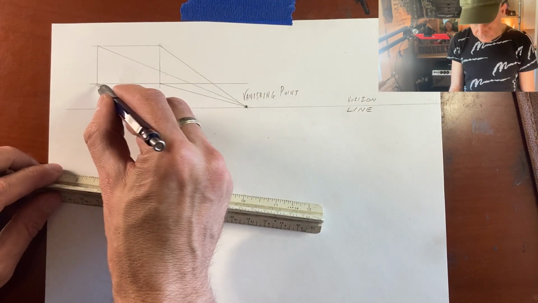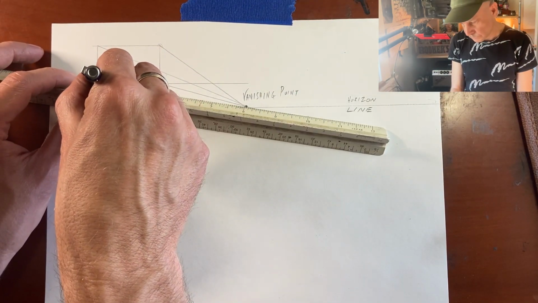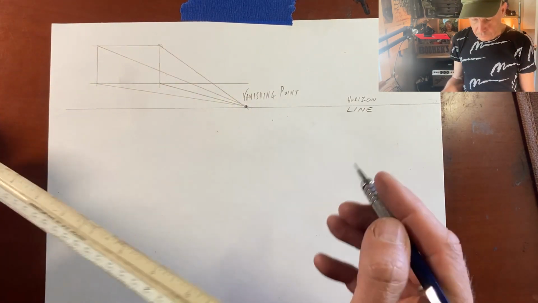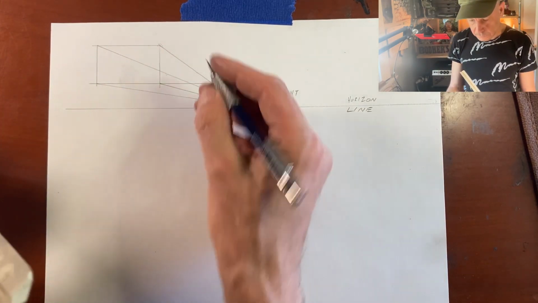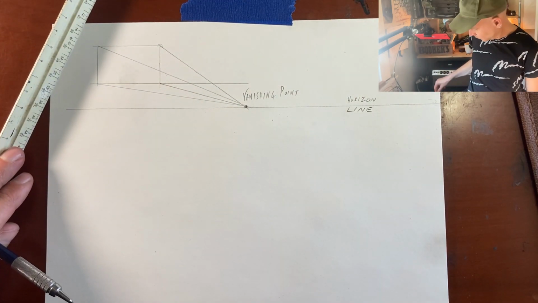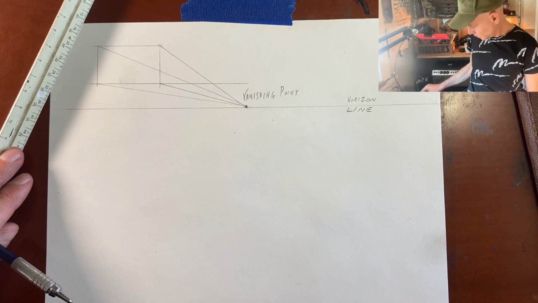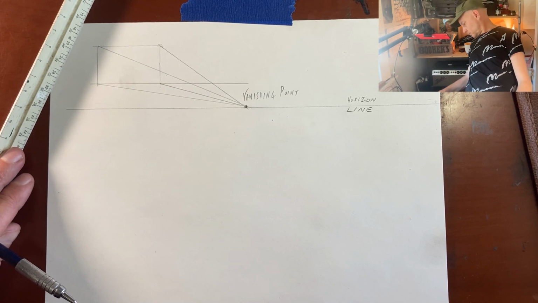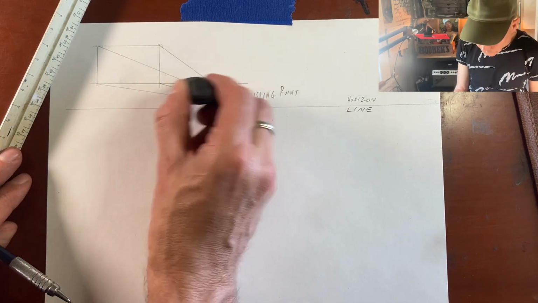You don't always have to draw all the way to the vanishing point, but for learning at the beginning here, we'll do that. I'm going to decide how far back in space it goes. Let me get rid of that extra long part that I had from before.